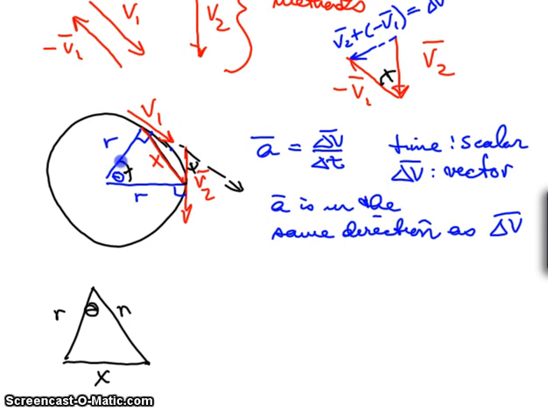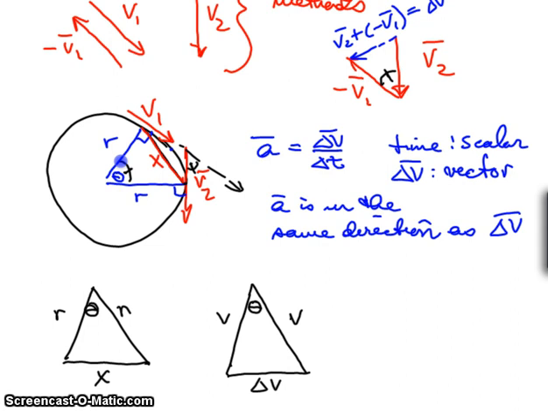The setup I have is V1 and then V2. But remember, they're the same length. I'm going to call that V and V. And the base of that triangle was my change in velocity, delta V. Now I claim that that angle is the same. Well, I have two triangles.